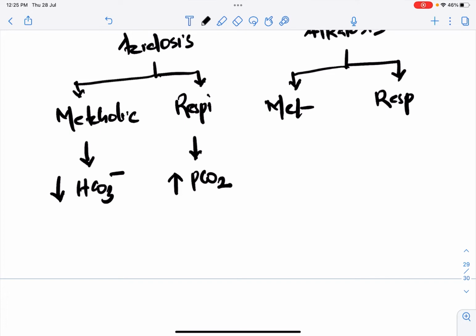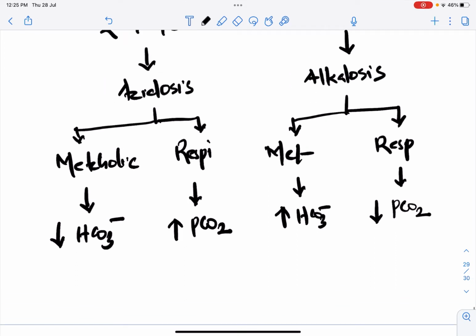Similarly, for alkalosis, if it is due to increased bicarbonate, it is metabolic alkalosis, and if it is due to decreased PCO2, it is respiratory alkalosis.